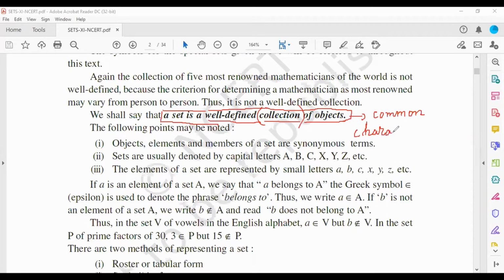How can you group them together without any common character? So there must be a common character so that you are able to group them together.